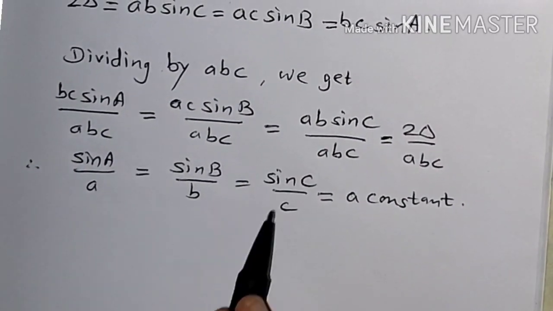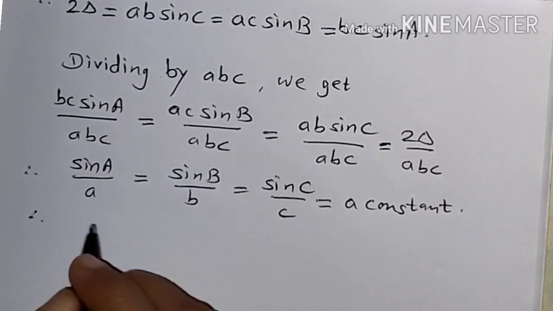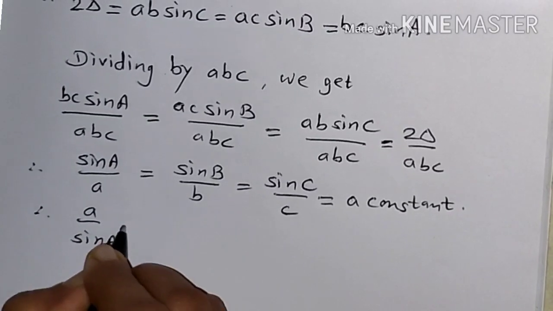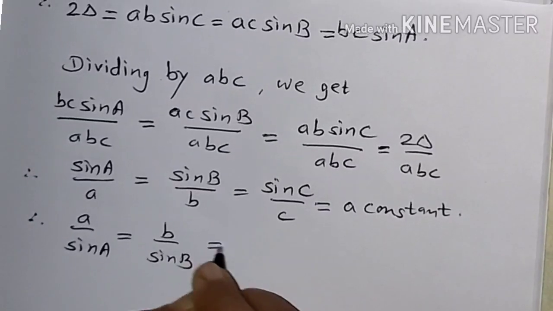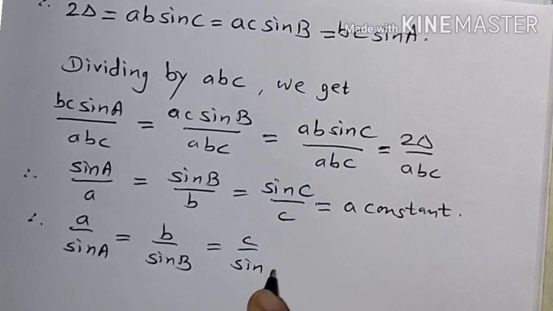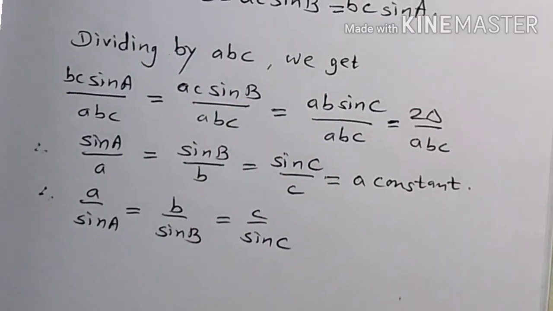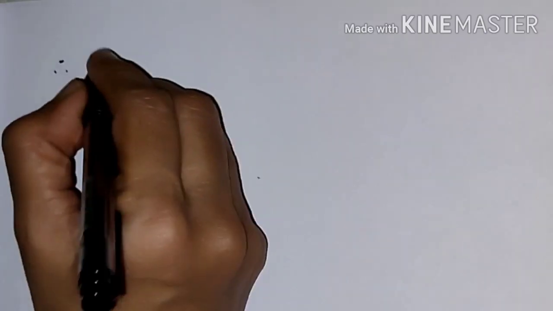So we have proved that all three ratios are equal. Therefore we can say that a upon sin A is equal to b upon sin B is equal to c upon sin C. So all three ratios are equal. So we have proved first part.